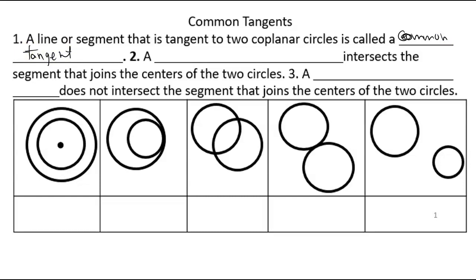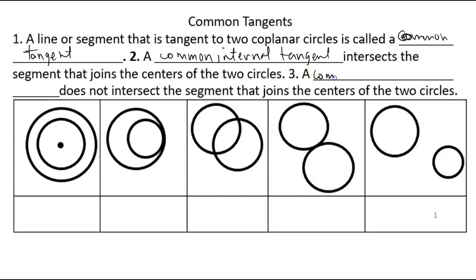You have a common internal tangent, which will intersect a segment that connects the centers. So if I were to draw a segment from one center of the circle to the other center of the other circle, if my tangent crosses that, then it is a common internal tangent.